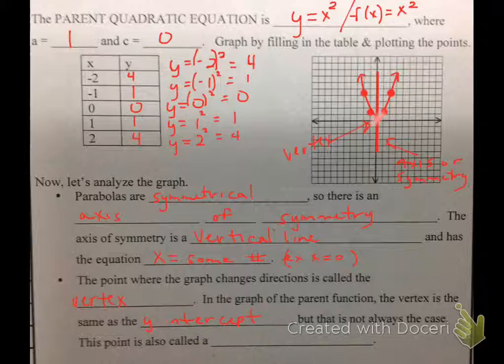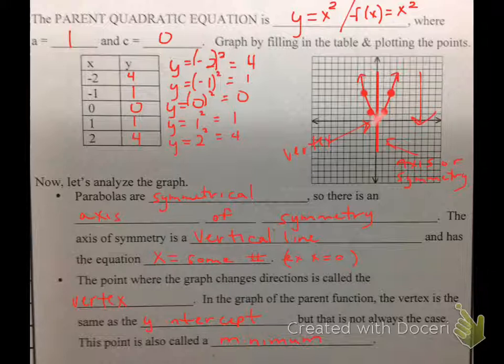Okay, this isn't always going to be the case. This just so happened in the parent function of y equals x squared. In this graph, this point is called a minimum. And again, we know this because does the graph go any lower than 0?